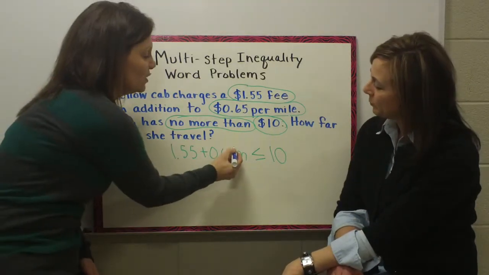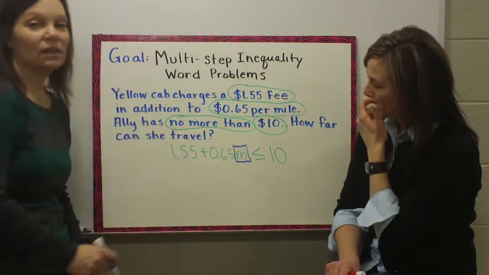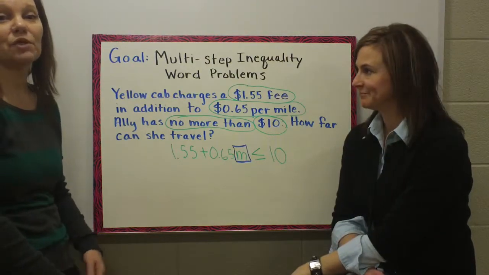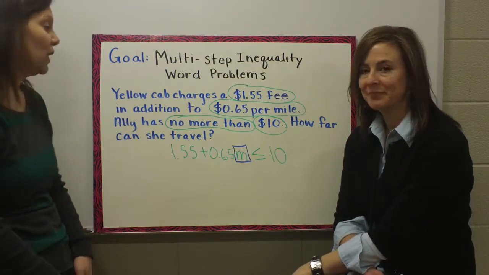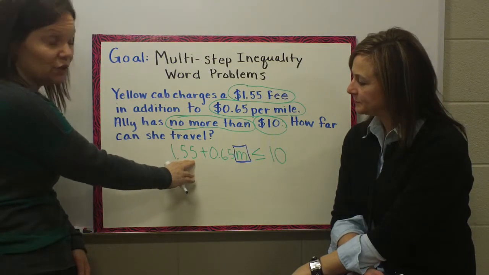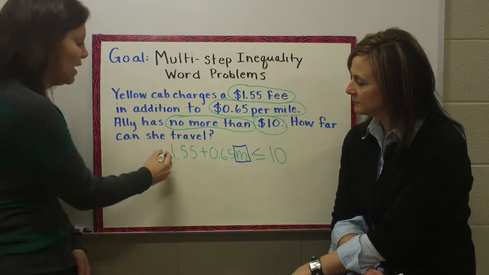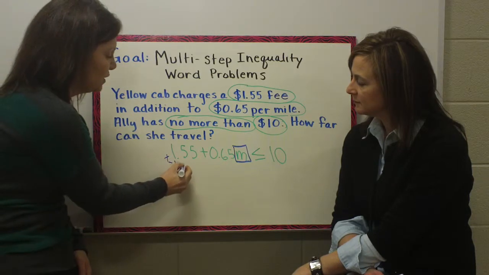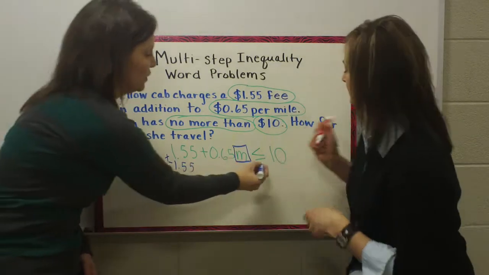We've already worked on solving multi-step inequalities, so we're going to go through these steps quickly because we understand them already. Remember, we're going to undo our addition first. I'm adding $1.55, so I'm going to add the opposite, which is negative 1 55/100.